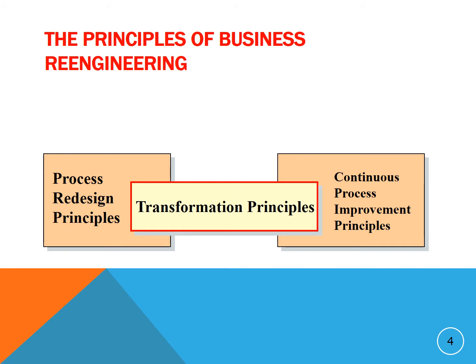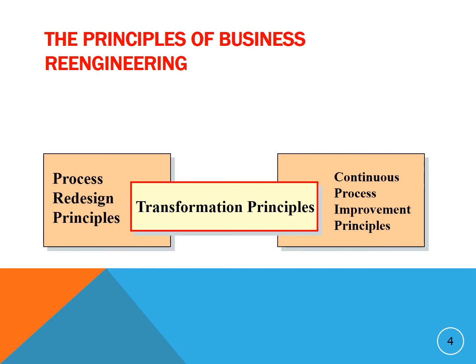So there are a few things that we need to look at. And then the third question is, how can we ensure continued application, productivity and effectiveness after the re-engineering? This one is referring to the 6 continuous process improvement principles.